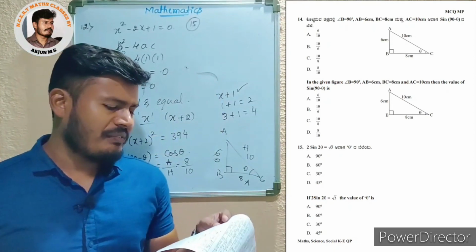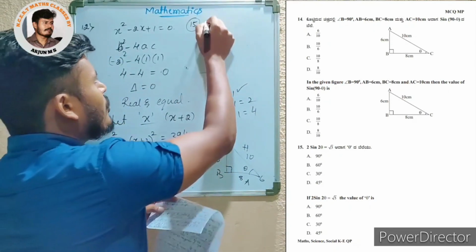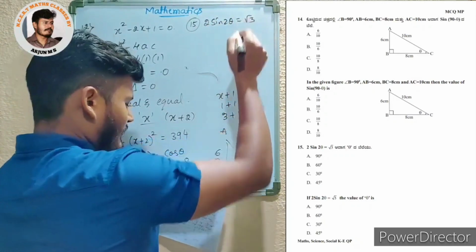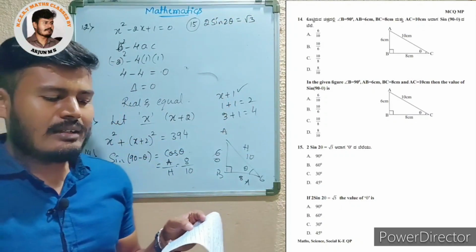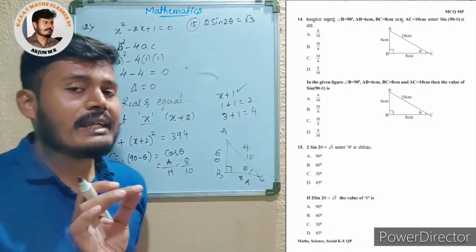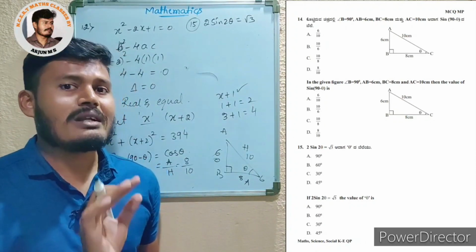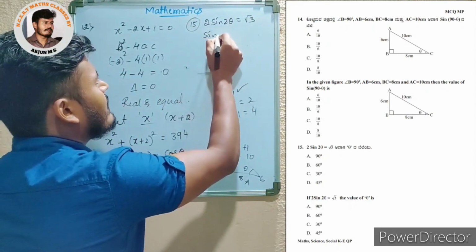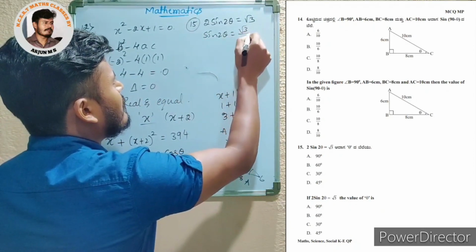Now we're moving on to the 15th one. If 2 sin 2 theta is equal to root 3, the value of theta is, we have to find out the value of theta, but not 2 theta, right? You just transpose 2 here. Sin 2 theta is equal to root 3 by 2.